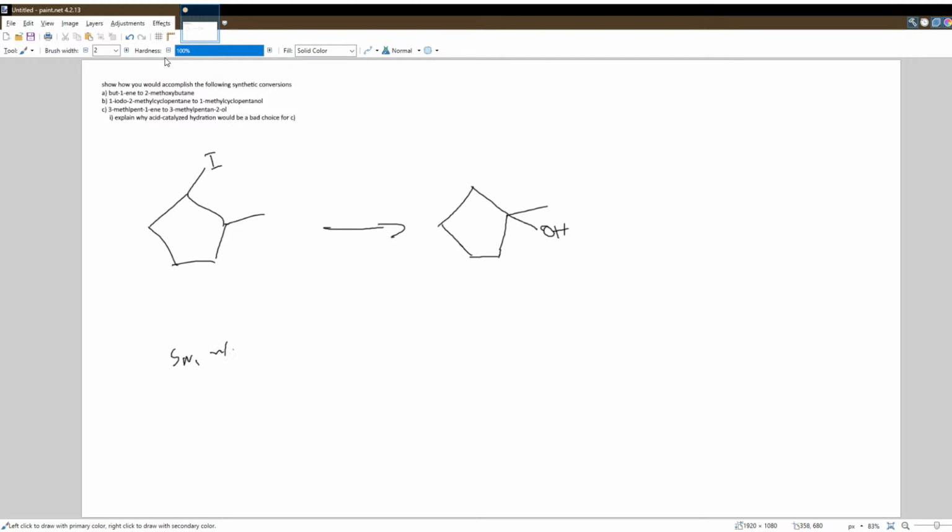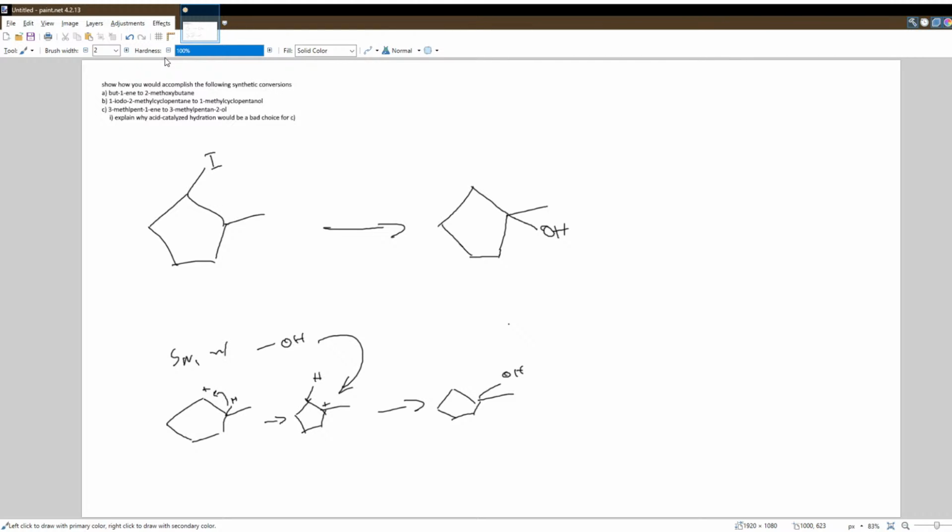If we have SN1 with, let's say, methanol, then this will be the carbocation, and then there's going to be a hydride shift like that. SN1 is looking pretty promising. And then hopefully it substitutes onto here. So that's a possibility.